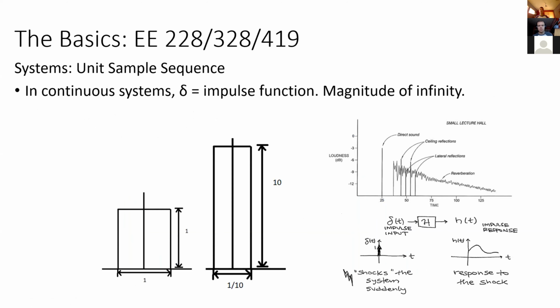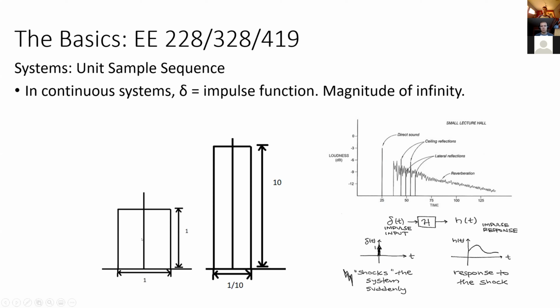So what is useful to know about is the unit sample sequence. In continuous systems, you have the Dirac delta function. It's the impulse function. Have you heard of this or used it? A little bit, but not fully. Okay, here's a really hand-wavy explanation of it.